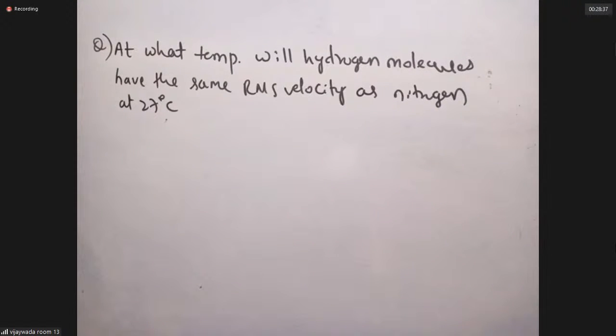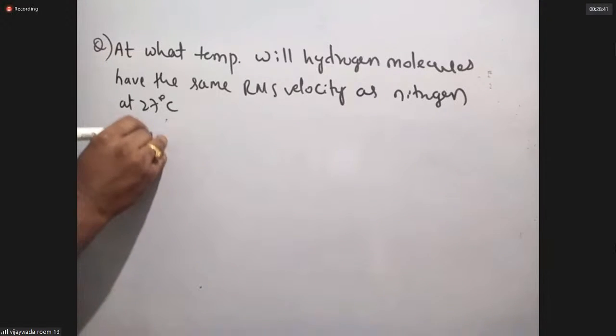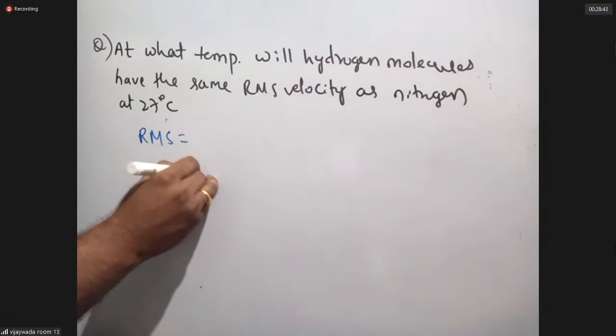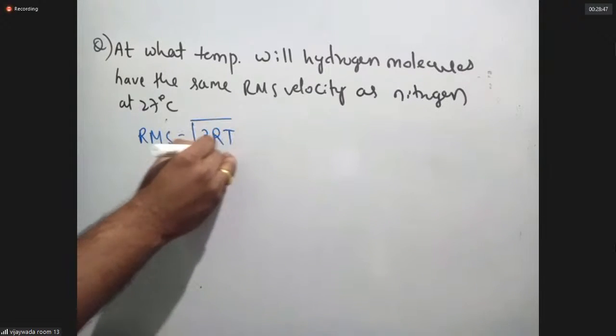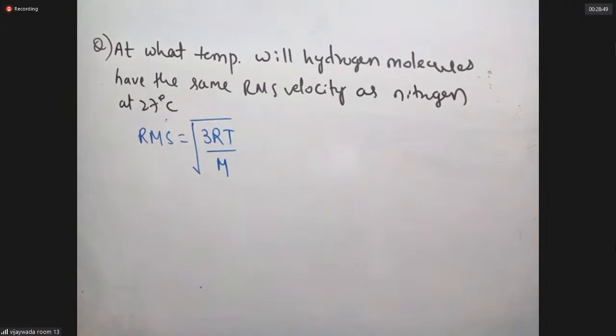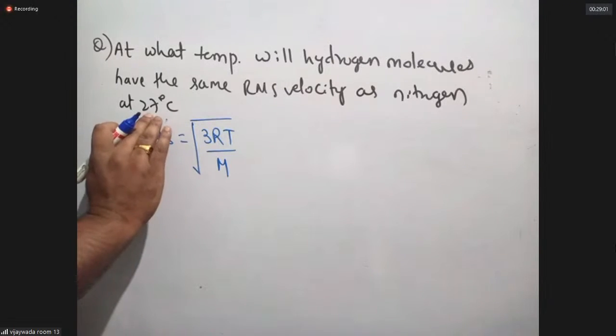Okay, the RMS velocity formula is root over 3RT by M. So in the question they said hydrogen molecules have the same RMS velocity as nitrogen at 27 degrees centigrade.